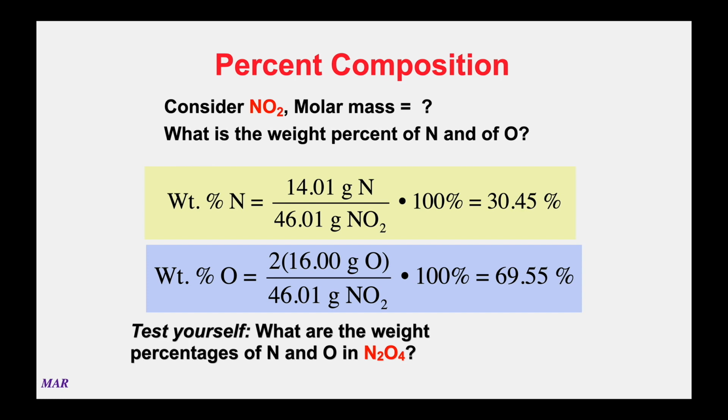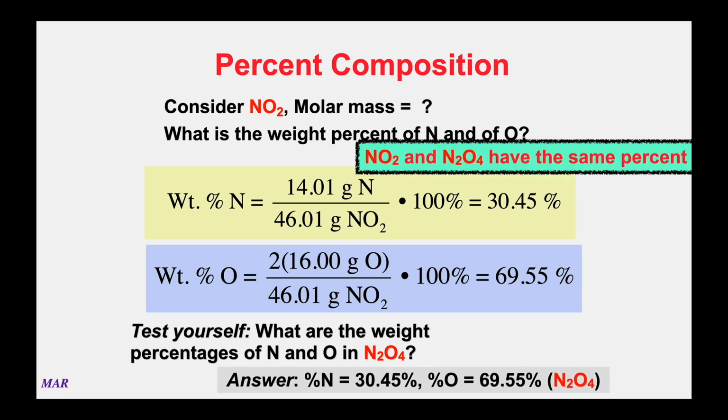So for example, for the percent nitrogen, if you were doing that calculation, it would essentially be 46.01 times 2 in the bottom. And for nitrogen, you'd have 14.01 times 2 because it's N2. The punchline of the test yourself question is that the percentages of nitrogen and oxygen in NO2 are the same as the percent nitrogen and percent oxygen in N2O4.